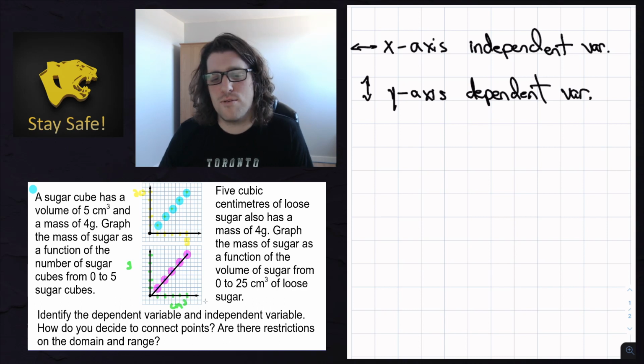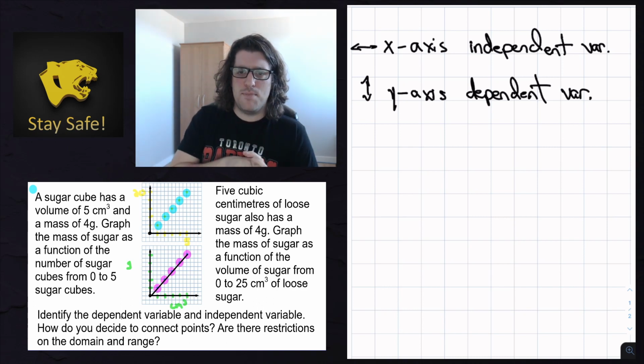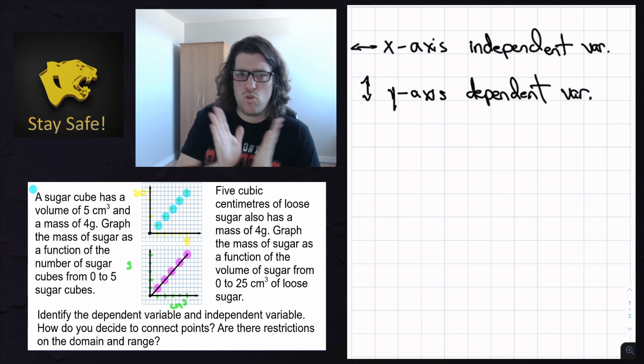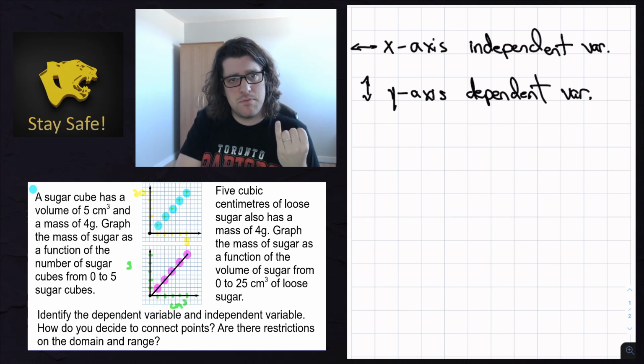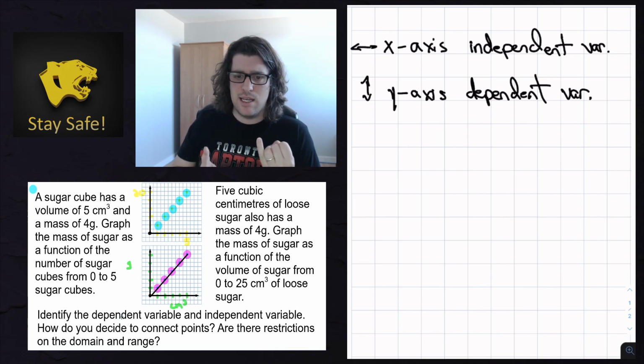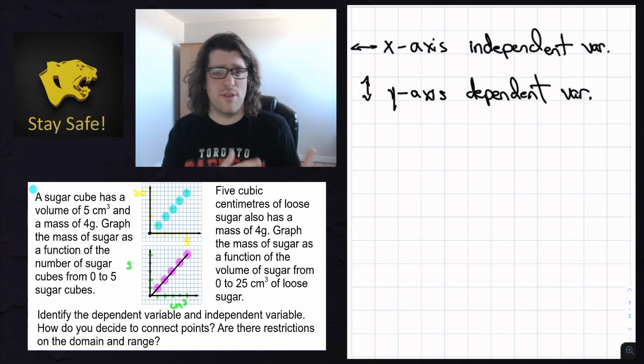All right, so are there restrictions on the domain and range? What this means is, is there a particular way that we need to describe this domain and range because of the connectedness, and secondly, because of the values that we're allowed to start with and go up to.